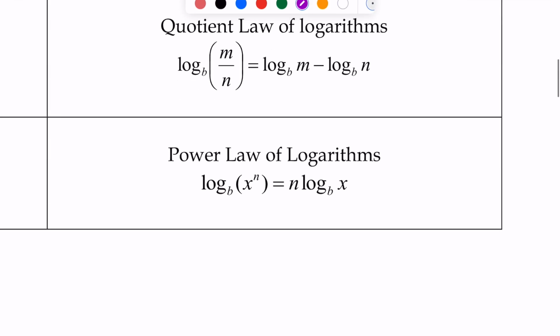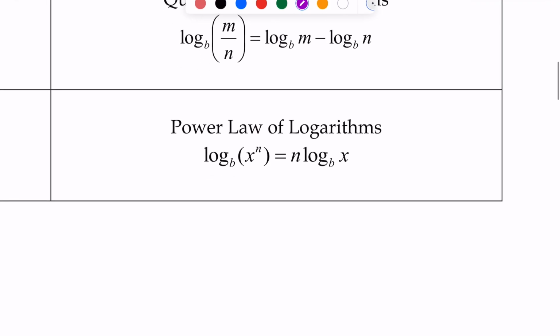And then the last one is the power law of a logarithm. What this says is that when you take the log b of something in the brackets that has an exponent, you can just carry that exponent down in front and it becomes whatever that exponent was, multiplying what was in there before.